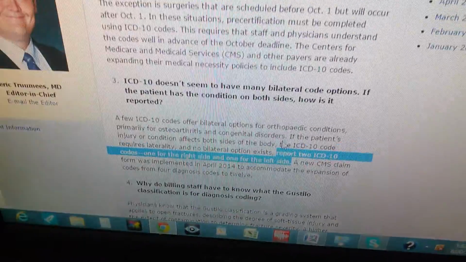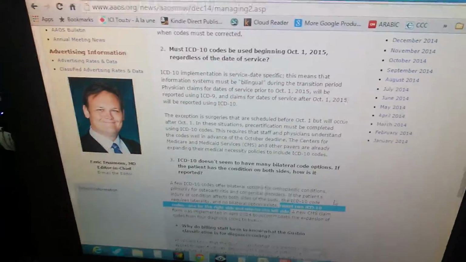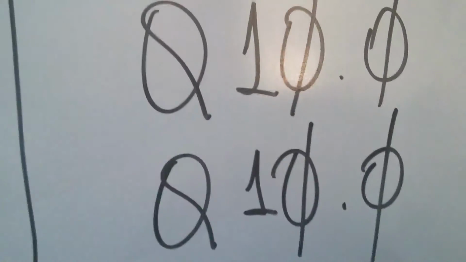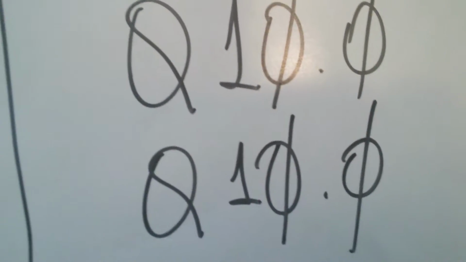So these two websites agree with us and say you have to have two codes, right? So the book gives you just one code as an answer, but because of bilaterality, we think that the right answer is two of the same codes, okay?